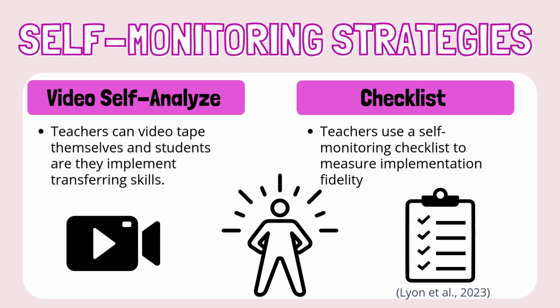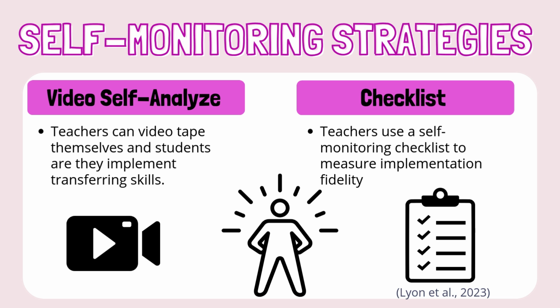As you watch yourself teach this, you can have a checklist and see, okay, this is what students are not getting, this is what students are getting. This is a great way to monitor yourself as a teacher, get a reality of the picture, if you will, of what's happening in the classroom and what students are learning as they are using these transferring skills.